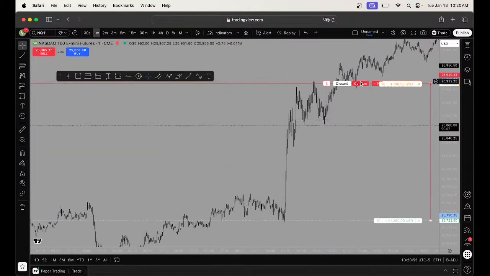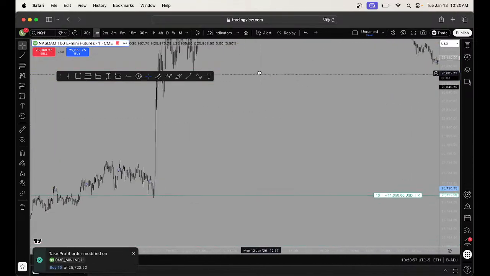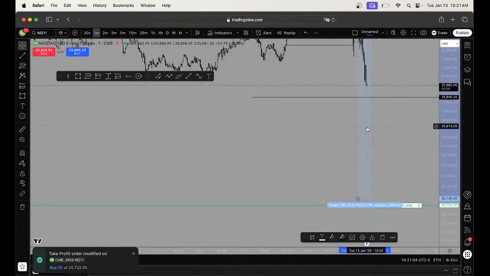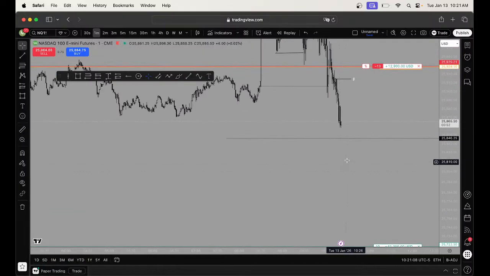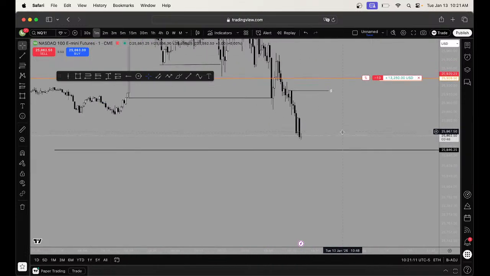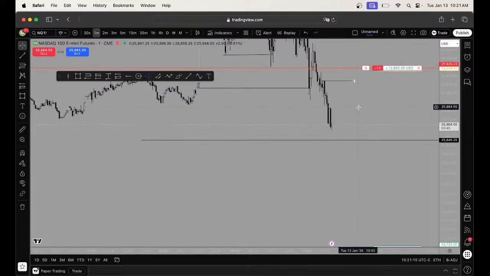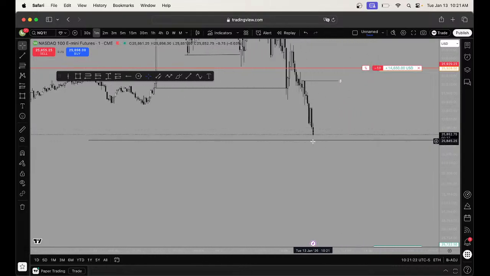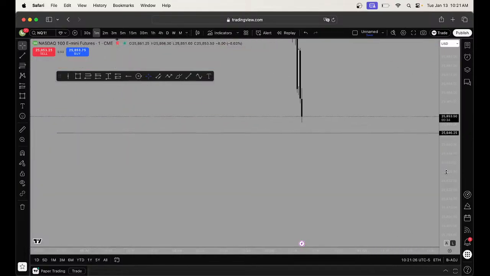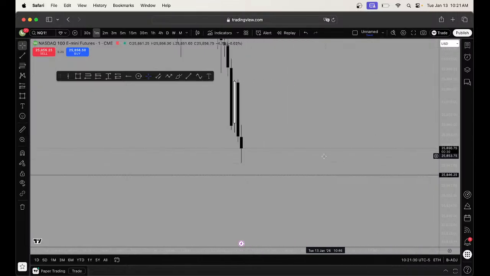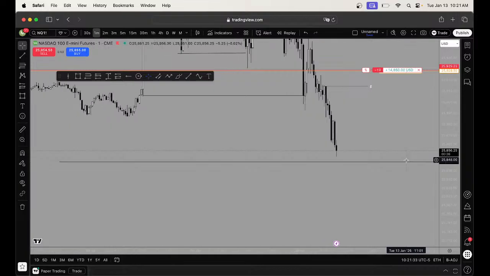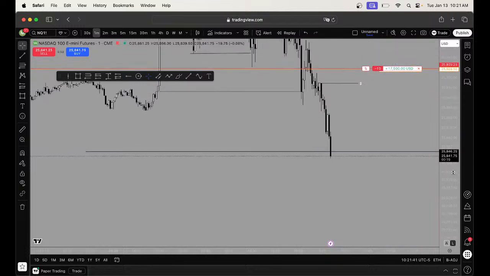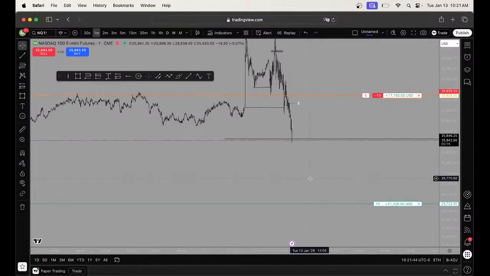Damn, let me confirm. All right, take profit hit, but again, I'm gonna try this trade because it looks good. It actually looks so good right now.